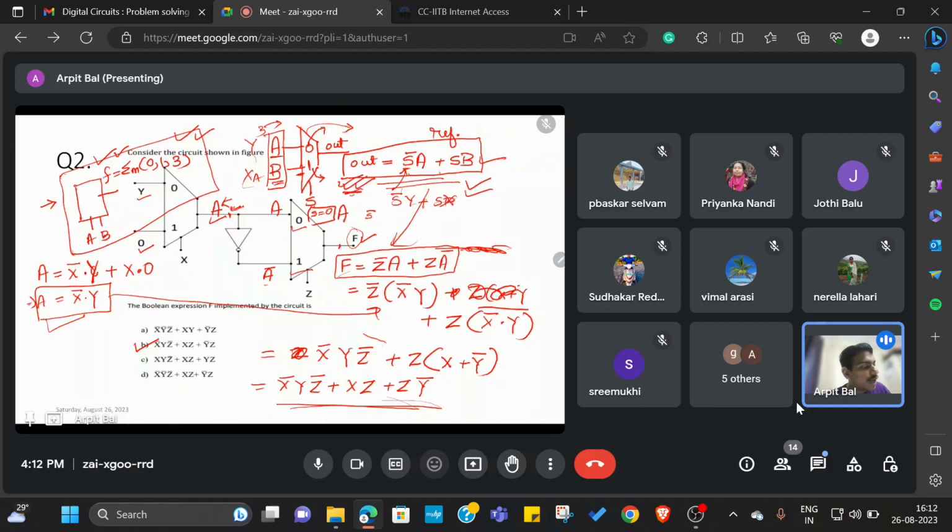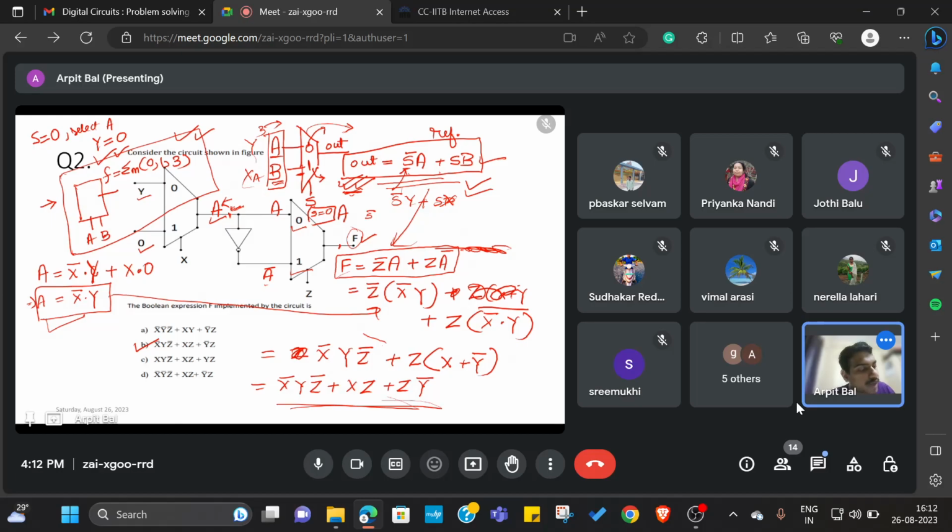Right? So how do I represent this as an equation? If s is equal to 0, select A. It means if there would have been an output, y will be 0 whenever s is not selected, like s is equal to 1.